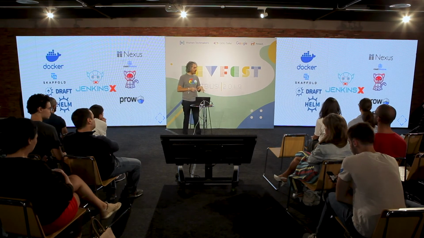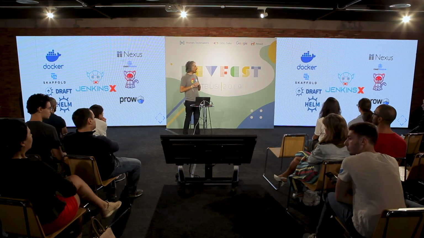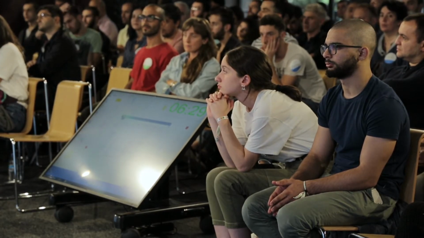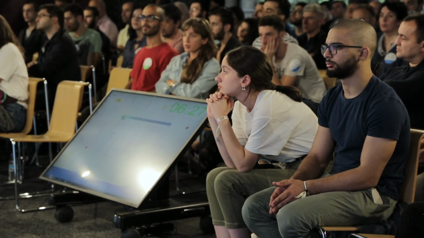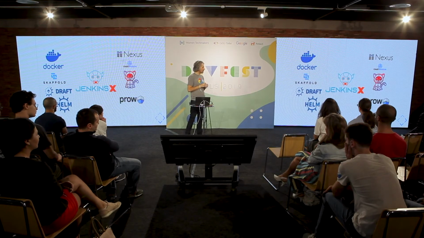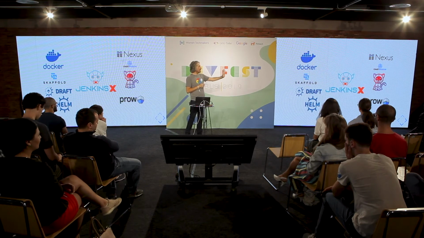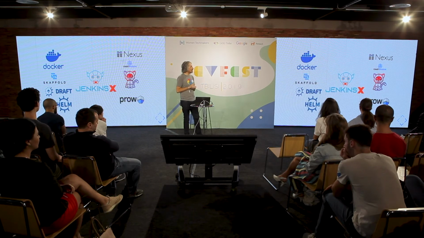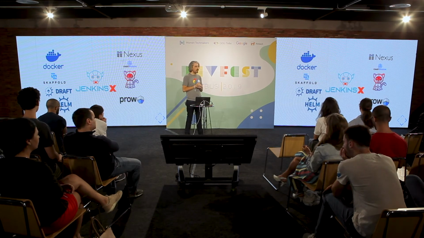It includes a lot of popular tools that you've probably heard about, like Docker, and there are some new tools that I will not go into detail on. The cat logo on the right is Tekton. It's an open source project created by Google that comes from the Knative project.